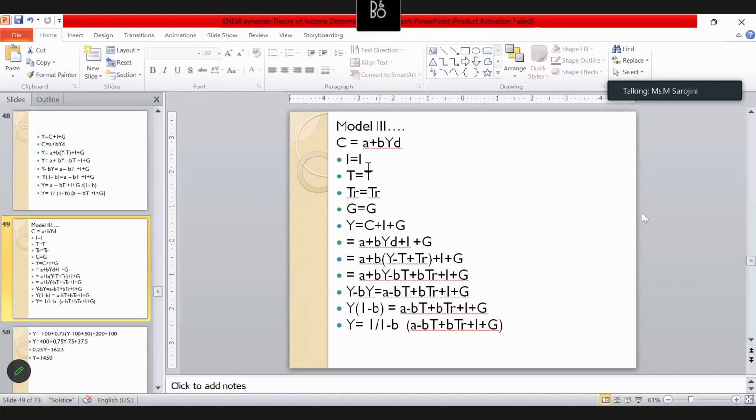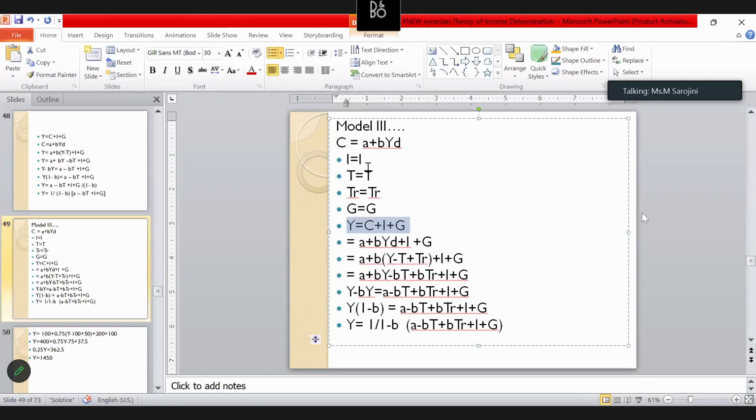Right? Now, this is our equilibrium equation for this information, that is Y is equal to C plus I plus G. Here we have T as well as the TR. Once there is T, that subtracts from the disposable income. On the other hand, once there is transfer payment, that increases the disposable income.